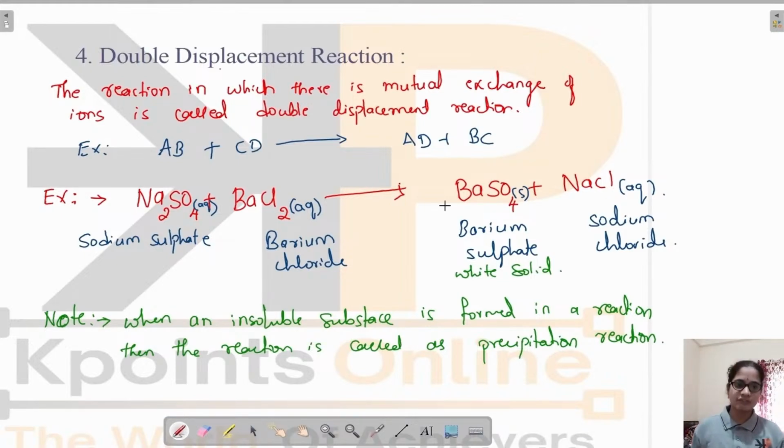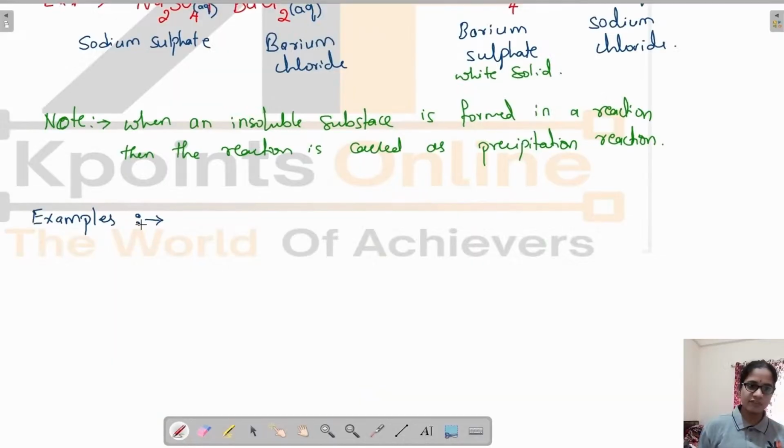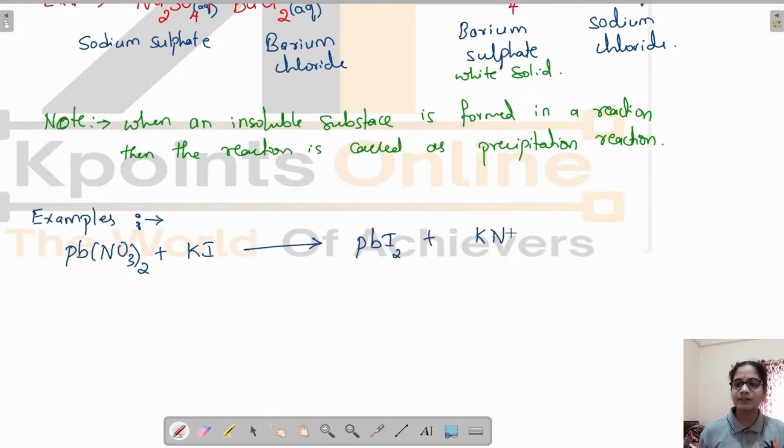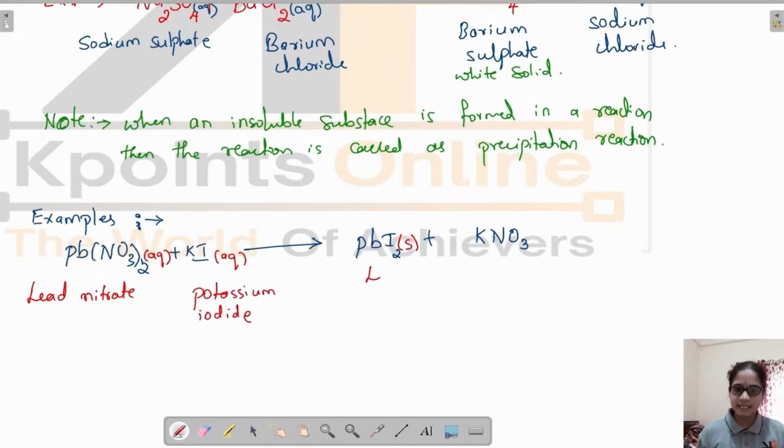Okay, let us see a few more examples of double displacement reaction. If you come across many examples, then it will be easier for you to identify the type of reaction. Lead nitrate reacts with potassium iodide to form lead iodide and potassium nitrate. This is lead nitrate. This is potassium iodide. This is lead iodide.